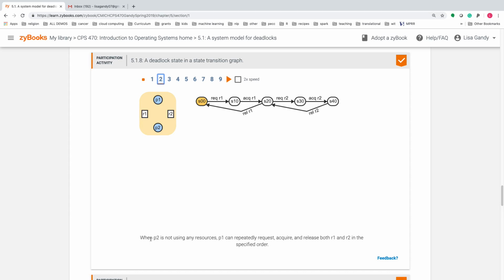So that's what it says here. When P2 is not using any resources, P1 can repeatedly request, acquire, and release both R1 and R2 in this order. And then it's going to show it too. Do they show it? Yes, they do.